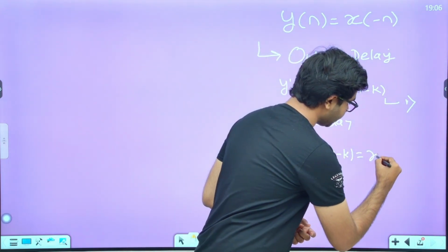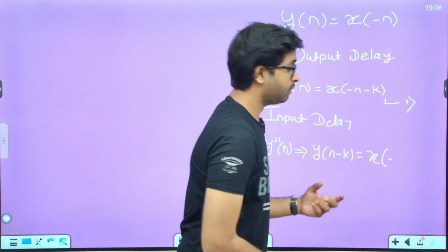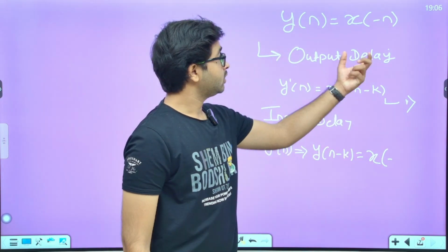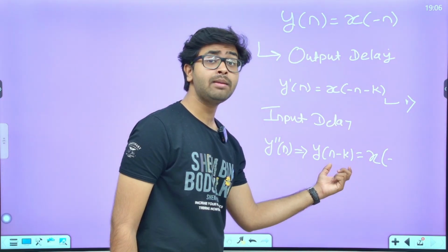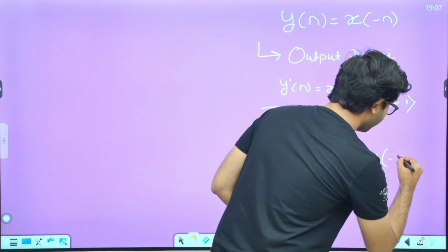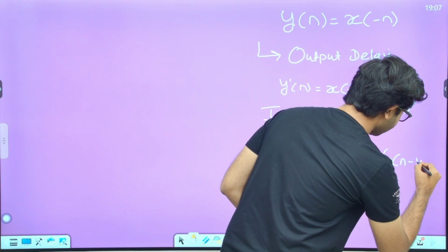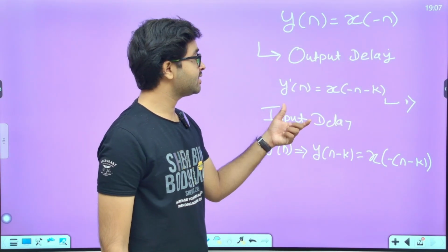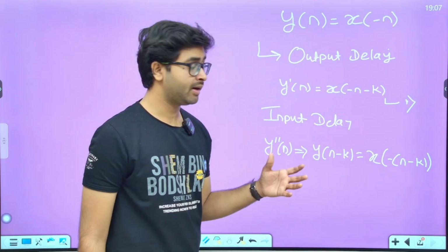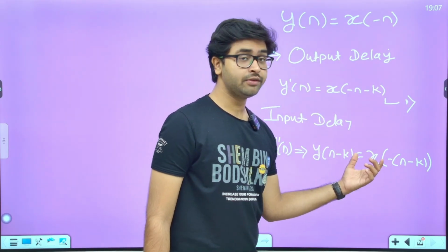Simply write x, write minus. But just wait here. Don't write n as it is, because we have changed n by n minus k. So adding bracket, n minus k will be here. I hope you get a clue that this system will be time variant because both equations will differ.